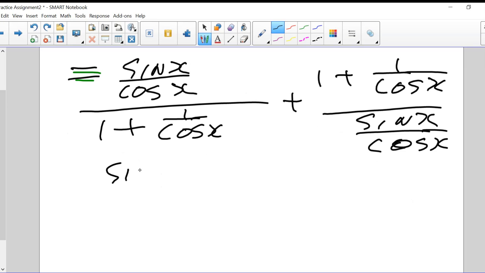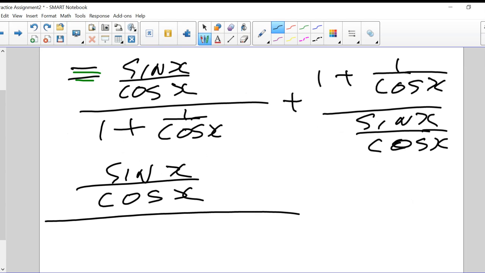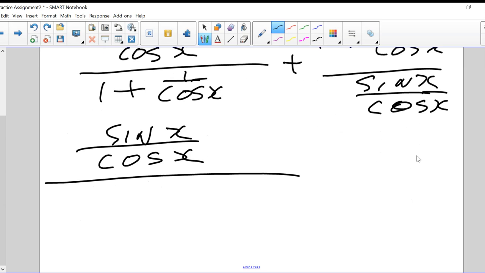So the top is still sine x over cos x. But the bottom now is going to have a denominator of what? What's the common denominator between those two? Can anybody tell me what that is? It's 1 plus 1 over cosine x. So cosine x. And if on the top I had, this is like 1 over 1, this would become, hopefully you'll agree with me on this, what do I multiply that 1 by to get the cos x?